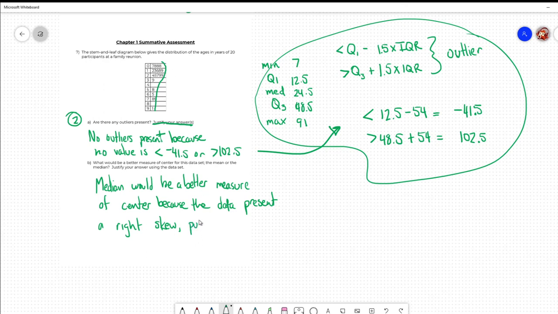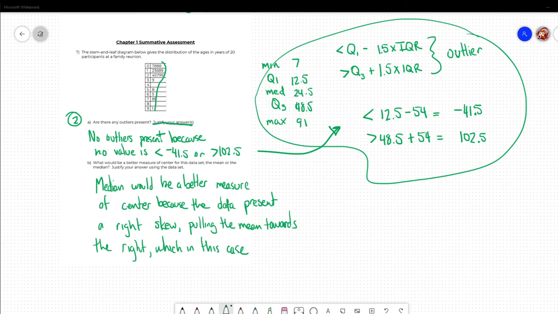So I'm going to explain that: pulling the mean towards the right, which in this case, and again, we just finished the 5-point summary. Because you did your 1-var statistics, you already calculated the mean. So why don't you go ahead and use it?